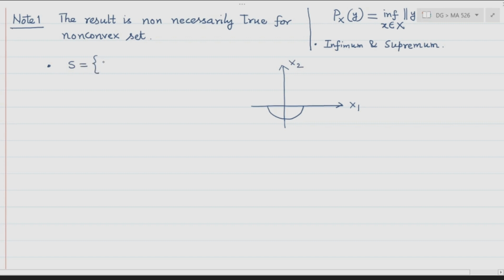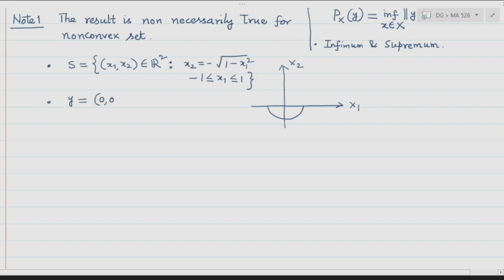To be precise, let me write the set S by this mathematical expression: (x1, x2) belonging to R2 such that x2 is given by negative of the square root of 1 minus x1 square, and x1 is in between minus 1 to 1. This is my below circular arc, and I consider an element y outside S.